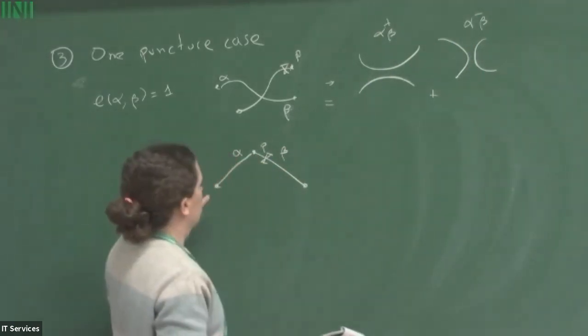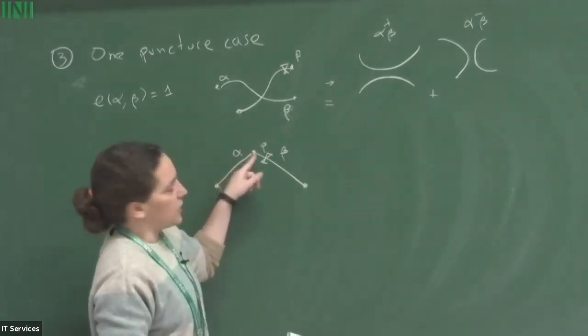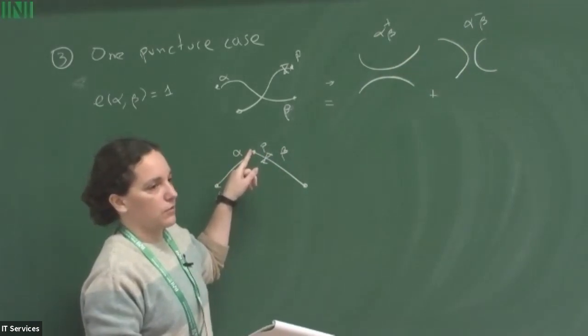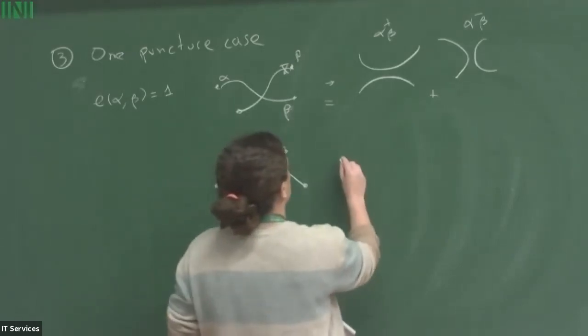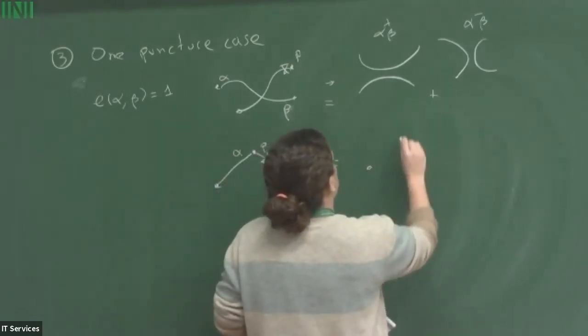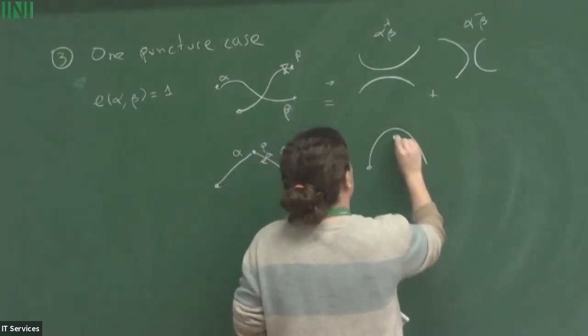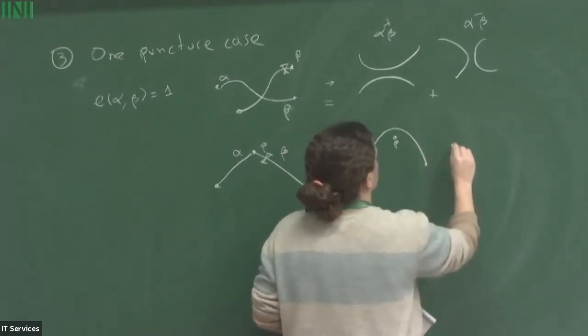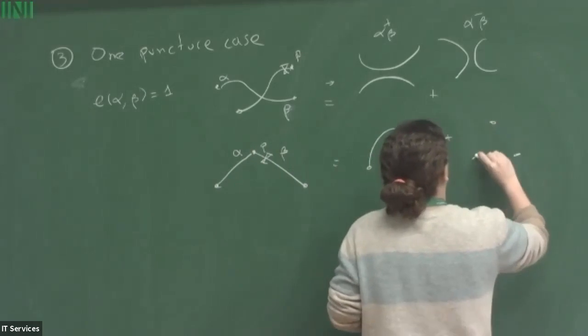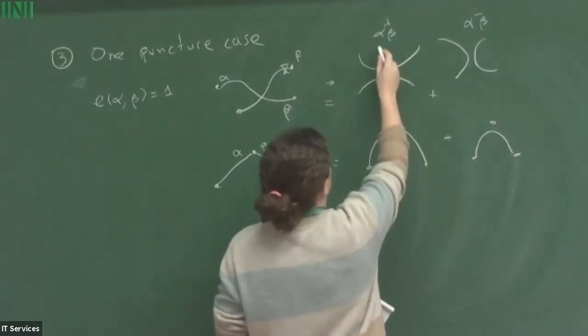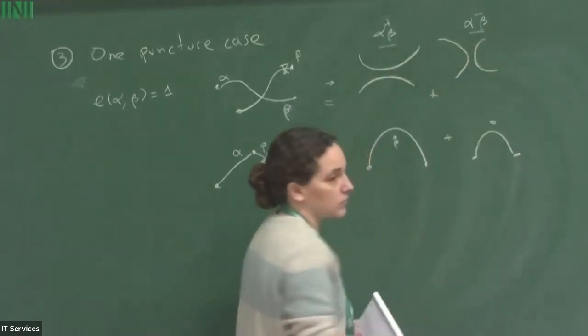You do the same. You say, I go through alpha and I find the intersection point and I want to go around it to the left. So I want to do this. You can do it. And then again, this is this and this is this.